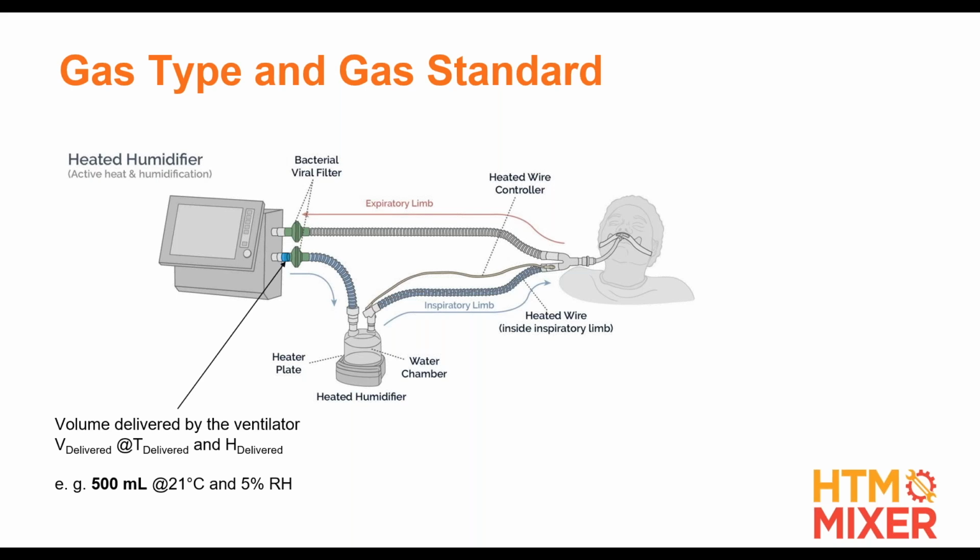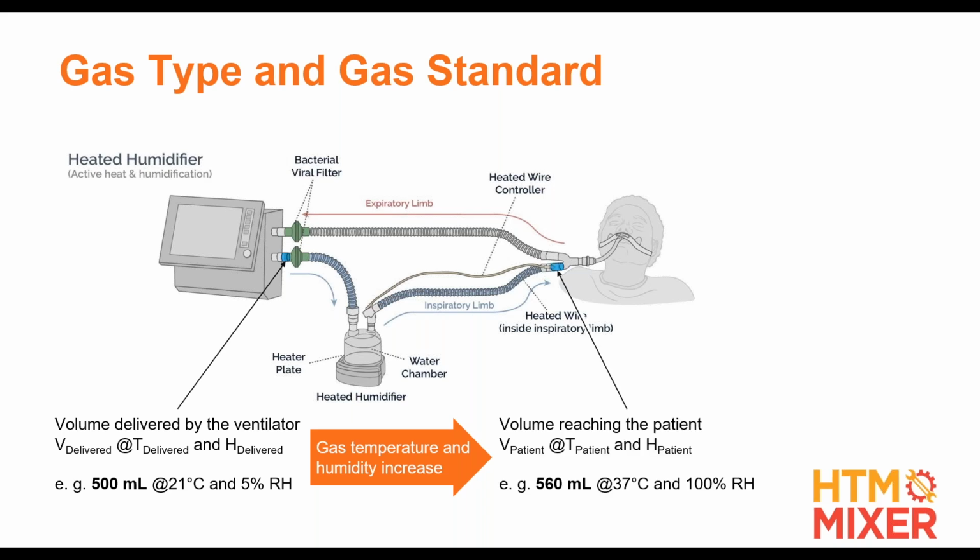And so if they pick maybe half a liter of gas or something similar, that ventilator is going to put that measurement out there, right? It's going to say, okay, deliver 500 mils. And as that goes through the patient circuit, it's going to pick up humidity and it's going to get warmer.